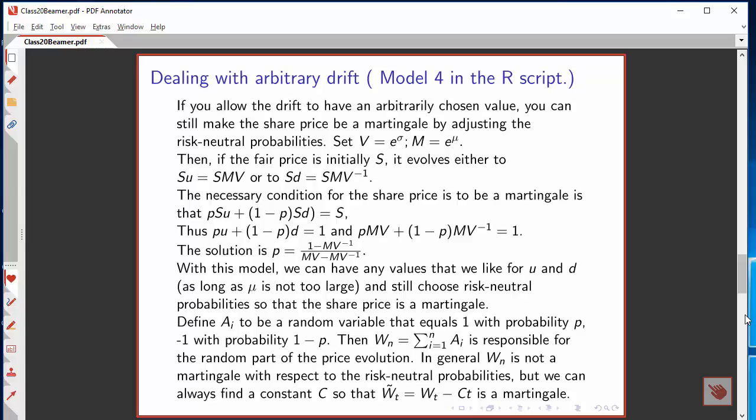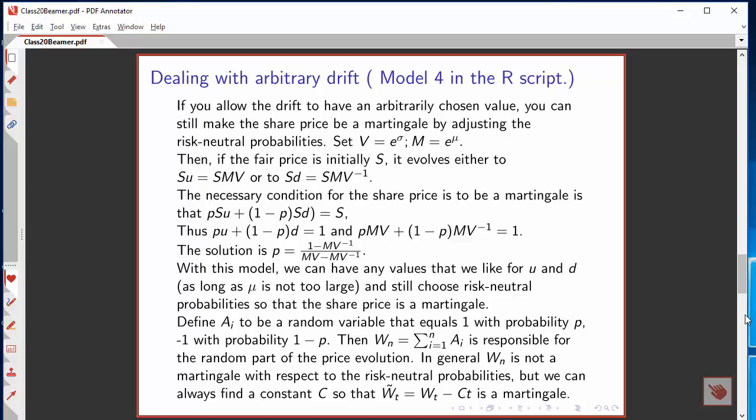So what I'm going to do is introduce two quantities now, a volatility, sigma, whose exponential e to the sigma I will call v. That's the amount by which you multiply if you get an up step, and by which you divide if you get a down step. But I'm also going to introduce a drift mu, whose exponential I will call m, and whether we go up or down, we'll always multiply by m.